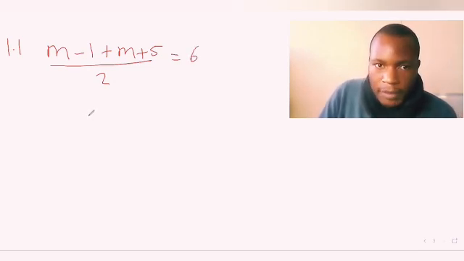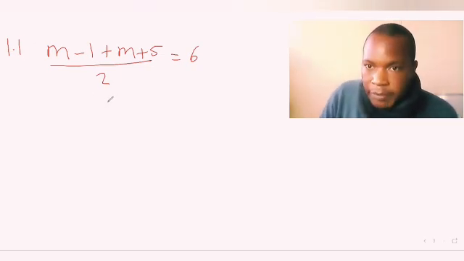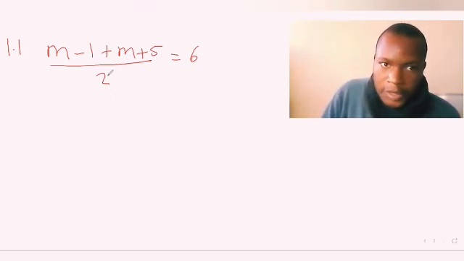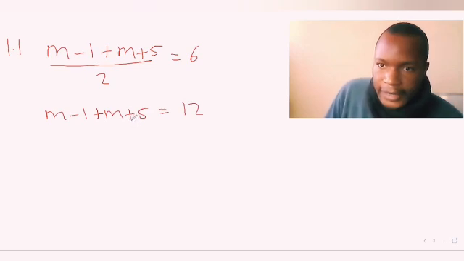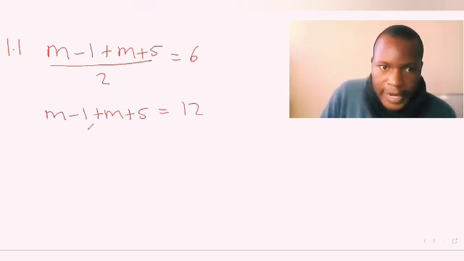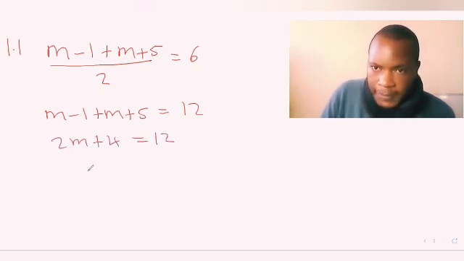To solve for m, we would firstly multiply both sides by 2. And this would give us a 12 on the right-hand side. We can then add the m's, so that would be 2m plus 4 equals 12.